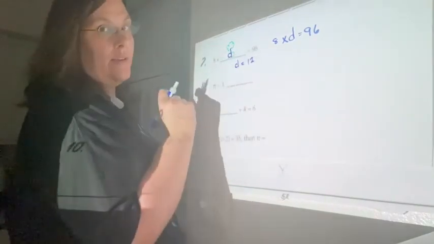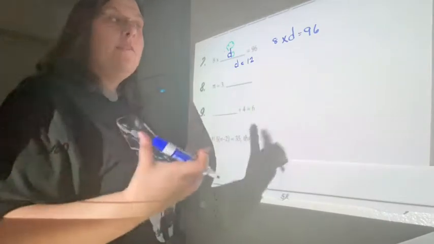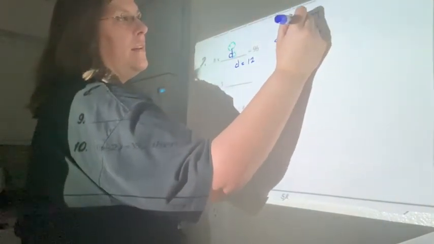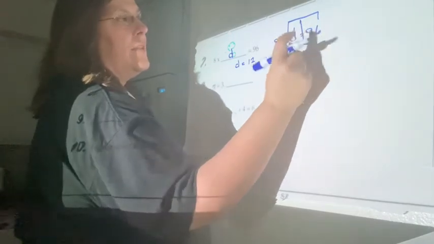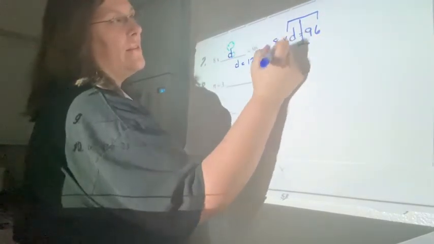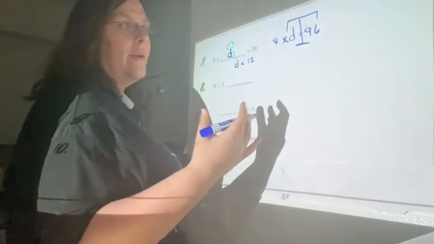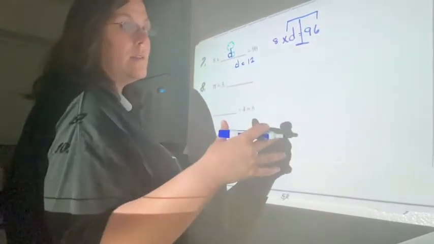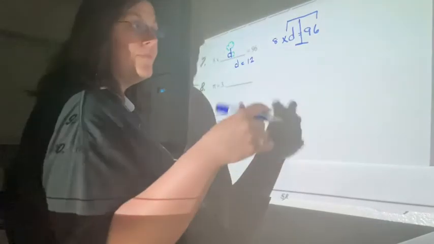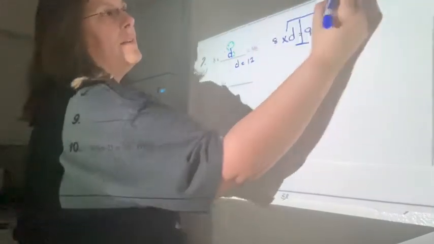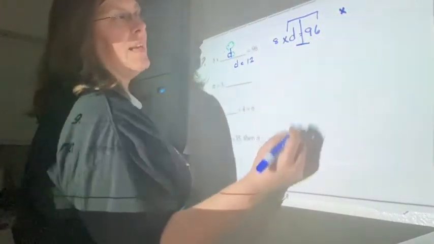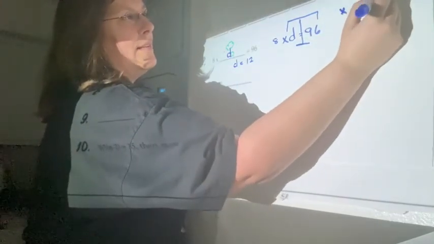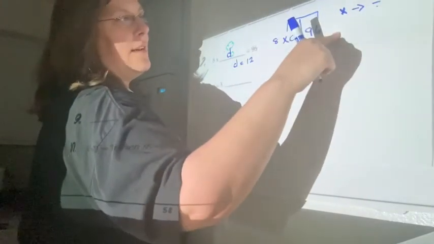12 would have went in that blank right there. If we are working with equations and it has an equal sign with numbers on both sides, we pull out our balance. Once we pull out our balance, we can move things from one side to the other as long as we do it correctly. When you have a times symbol, you would make it into a divide to get it on the other side.